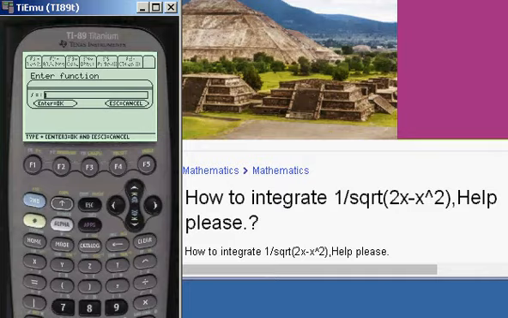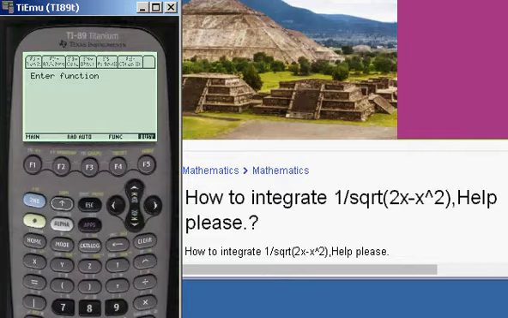The problem is 1 divided by, we'll put the left parentheses in for the divisor, and then we get the square root sign of 2 times x minus x squared, and then cap it off with the 2 parentheses.